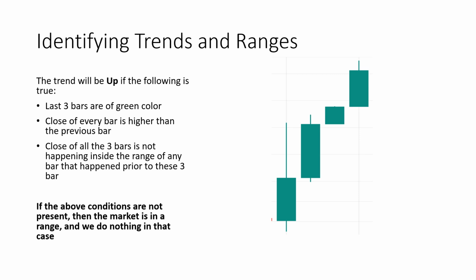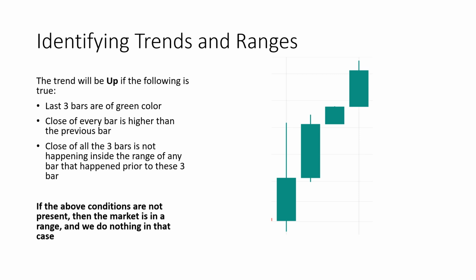So the criteria for a trend to be in an upside momentum. First, the last three bars are of green color. If the most recent three bars are green, the trend is up, without any doubt.